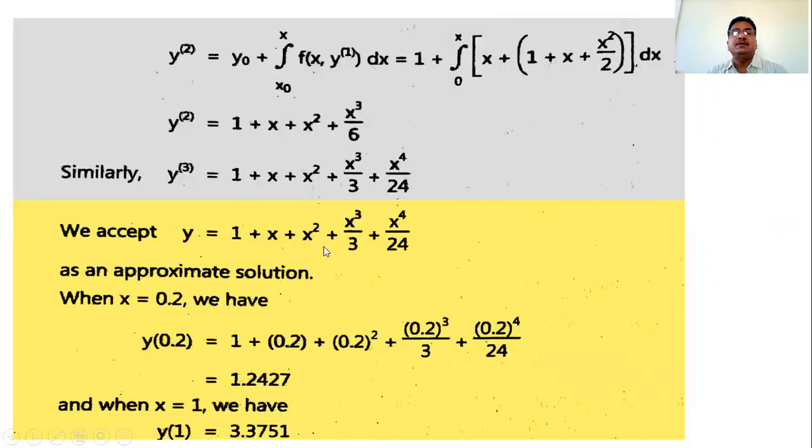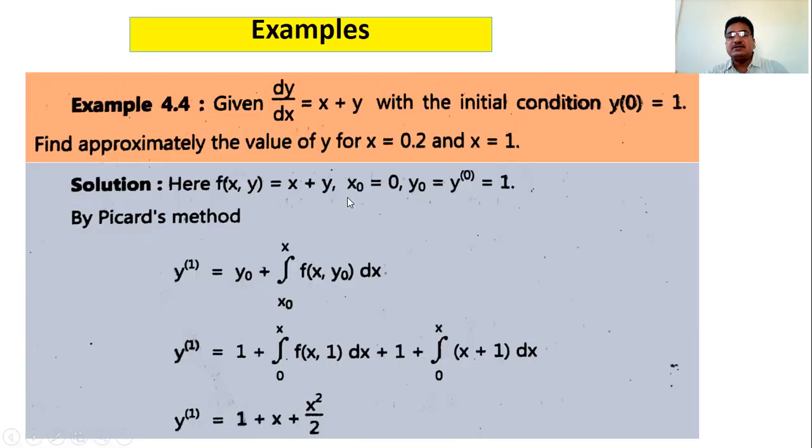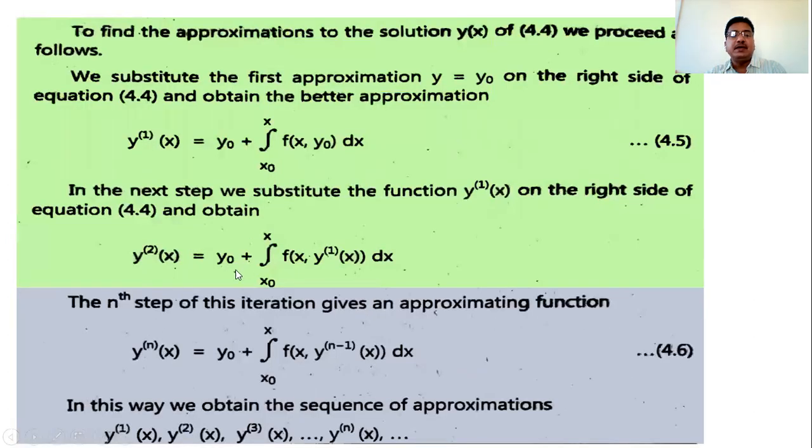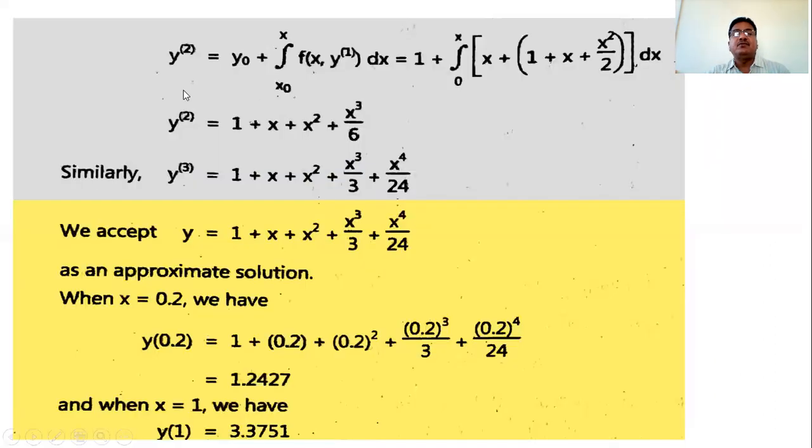Then the next step, y2. We obtain y2 by using this formula: y0 plus the integral from x0 to x of f(x, y1) dx. This is the formula for y2. So y2(x) is y0 plus the integral of f(x, y1(x)), substituting y as y1(x). Since f(x, y) is x + y, we get x + y1, where y1 is x + x squared by 2.